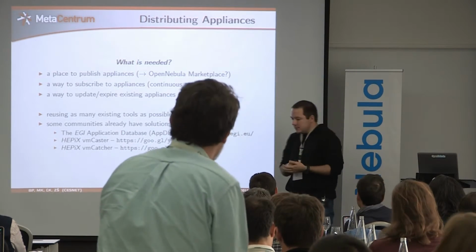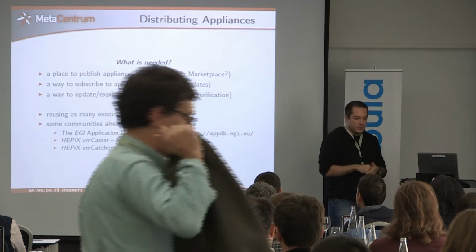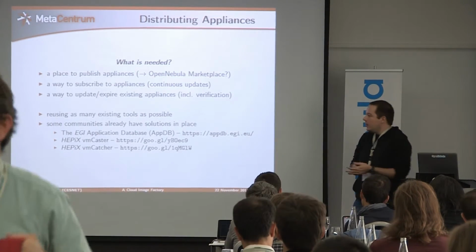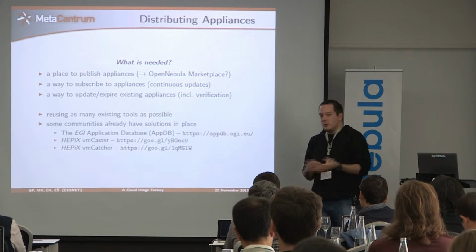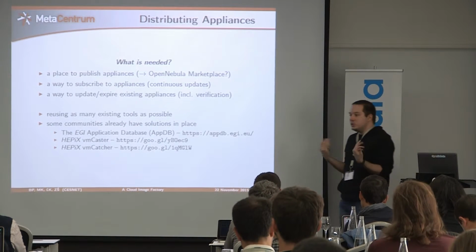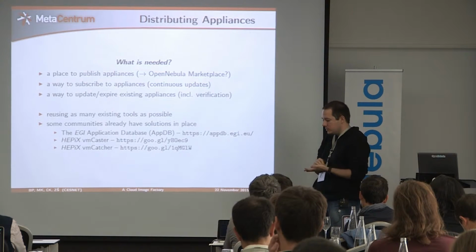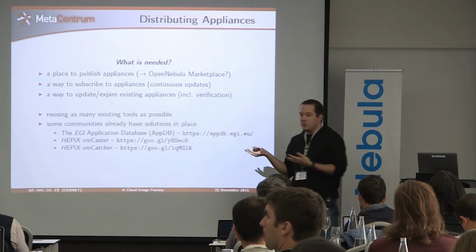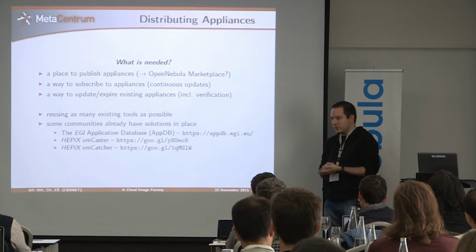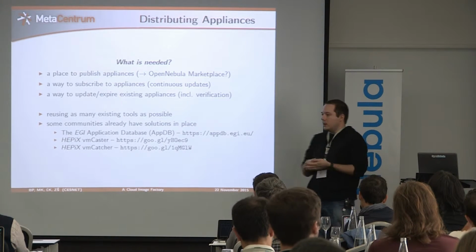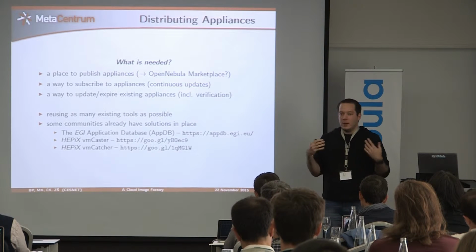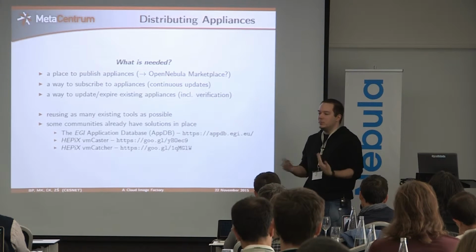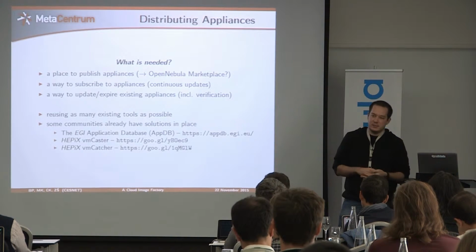And in some cases, if you are part of a larger infrastructure, you have to reuse existing tools. So, for example, we as an NGI, National Grid Initiative, we are part of the EGI, European Grid Infrastructure, and we are running an instance or a site in EGI Federated Cloud, and they have their own image distribution mechanisms and policies.